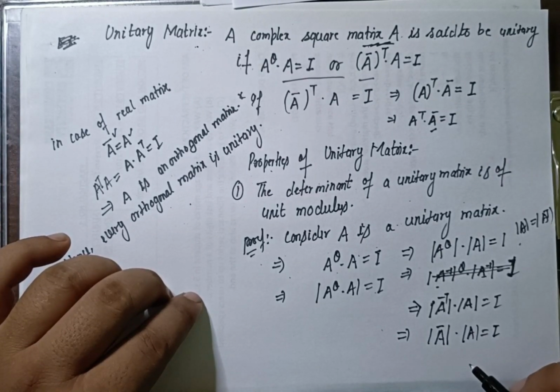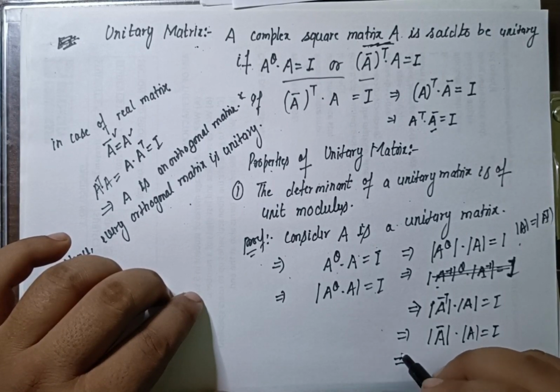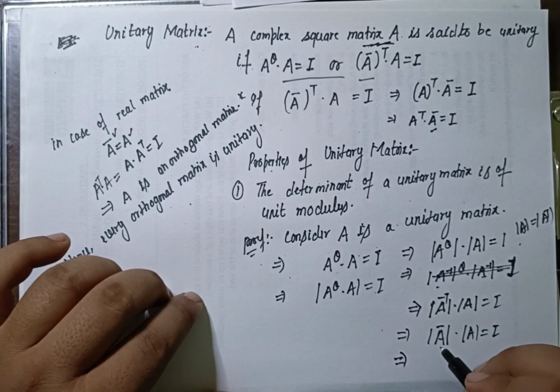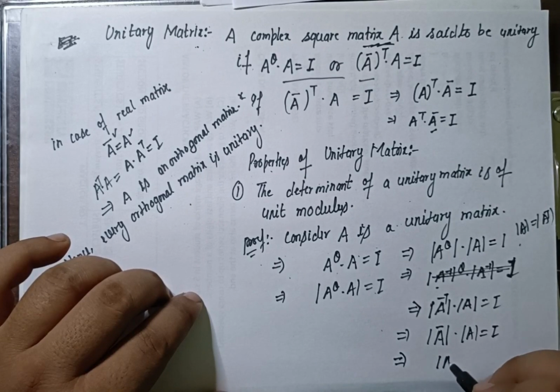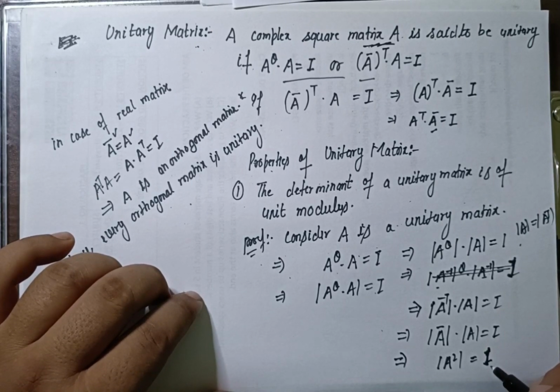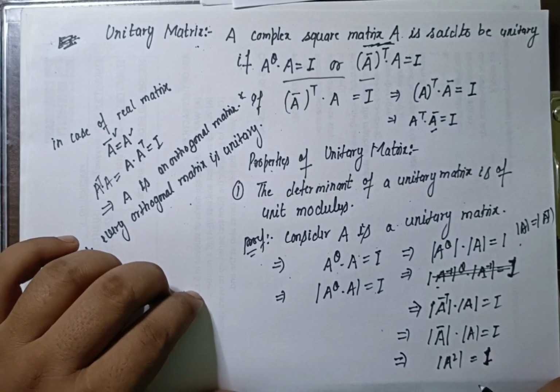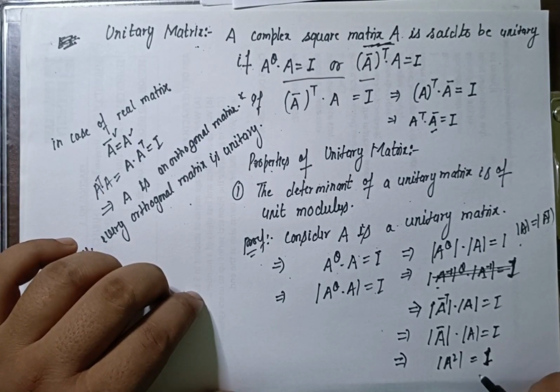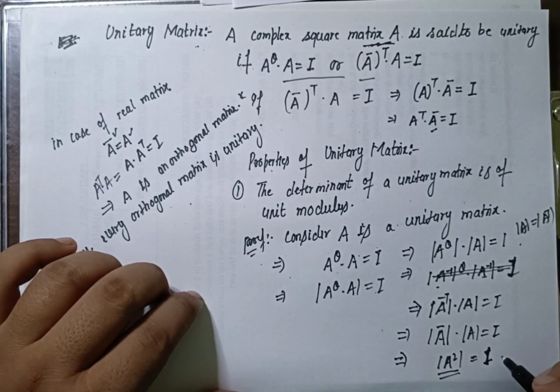We are also very well aware that the determinant of the matrix A and its conjugate are equal, so we can write the determinant of A square is equal to 1. Hence the determinant of the matrix A is of unit modulus, right?